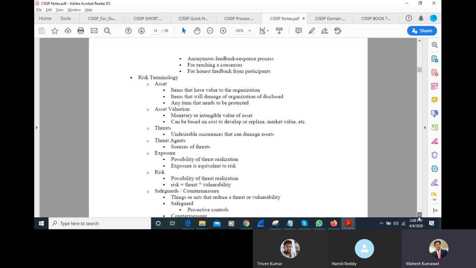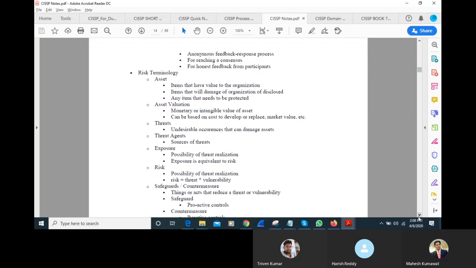Risk terminology: an asset is an item that has value to the organization, any item that needs to be protected. Asset valuation is the monetary or intangible value of the asset, and can be based on the cost to develop or replace, or market value.